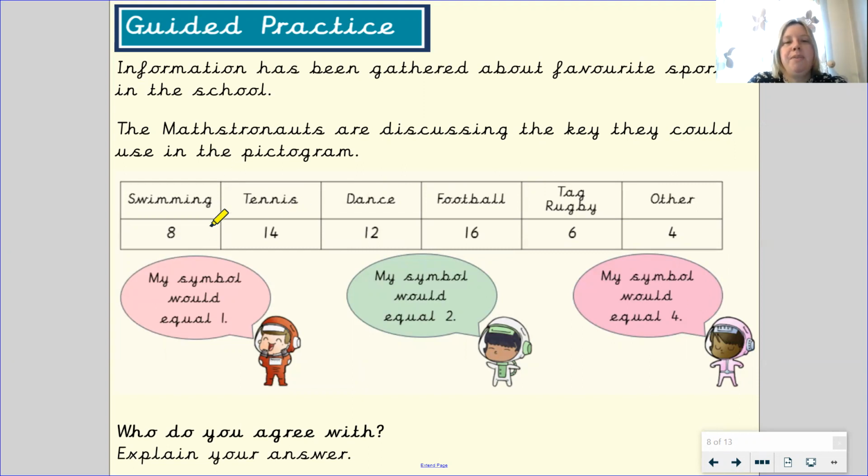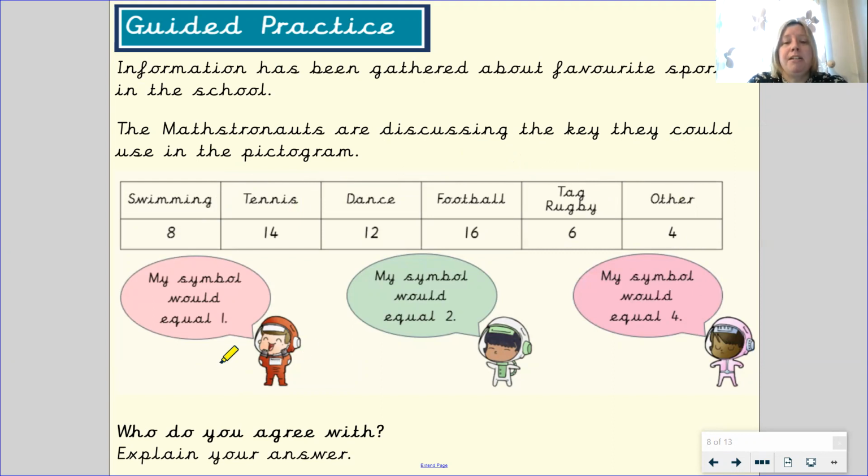So let's look at the information in the table first of all. 8 children like to swim. 14 children liked tennis. 12 children liked dance. 16 children liked football. 6 children liked tag rugby. And 4 other children liked a different sport.